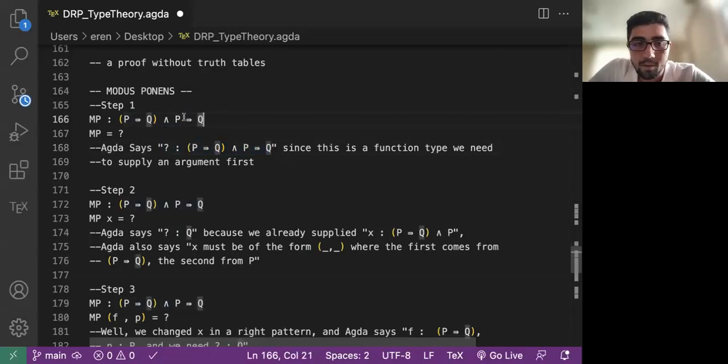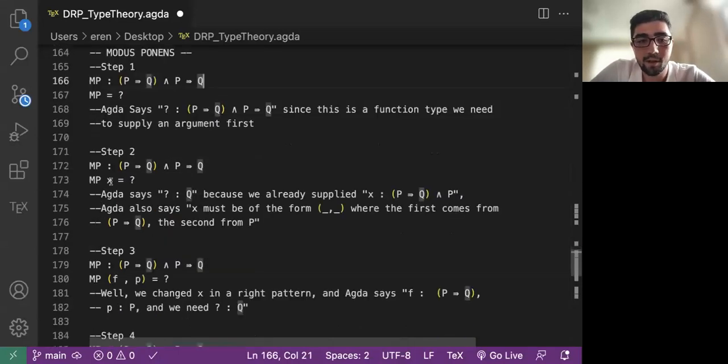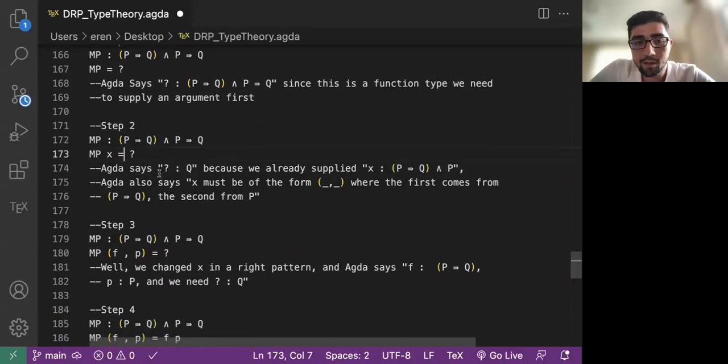And since we defined implies as a function, which takes a term of this part and converts it to a term of Q, let us supply an argument to the MP function. Now, when I compile it, Agda would say the question mark is a term of Q. Why? Because I already gave x to the MP function.